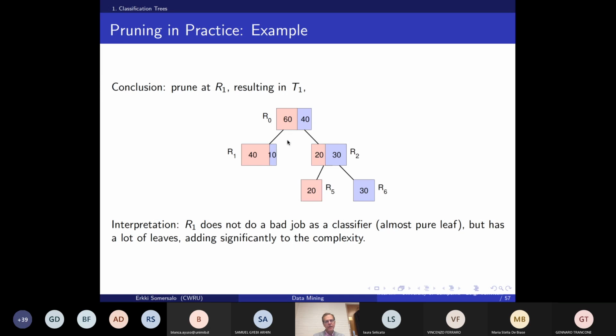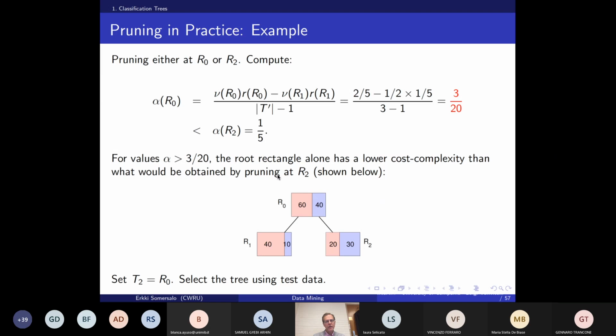So my next tree is going to be the trivial tree. So T2 is going to be R0. And so we see that if I choose alpha to be 3/20, then I get a more efficient classification tree than what I would get if I would cut from R2.